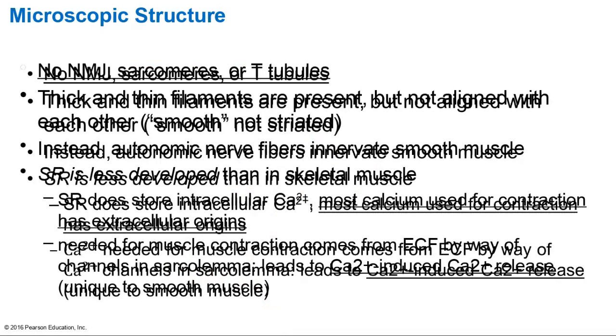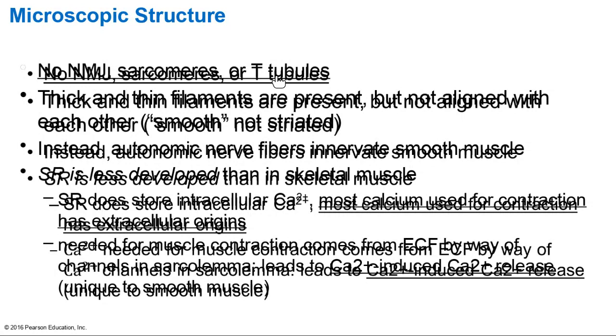Another blurry slide. Well, let's see what we can get through on this. Microscopically, how does smooth muscle compare to skeletal muscle? I'm sure you'll have a question about it. Smooth muscle does not have a neuromuscular junction. It does not have sarcomeres. There is no sarcomere arrangement, nor does it have T-tubules.